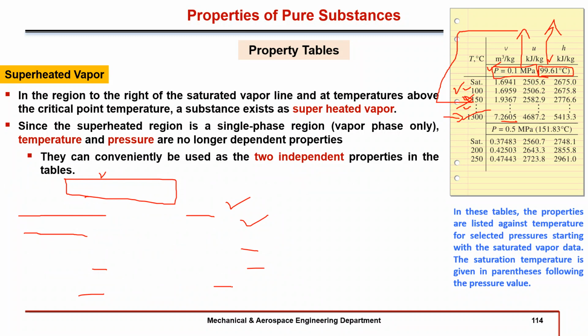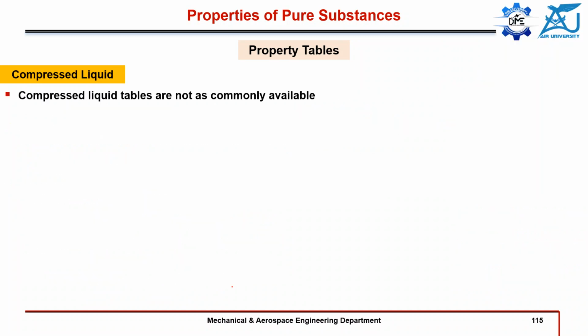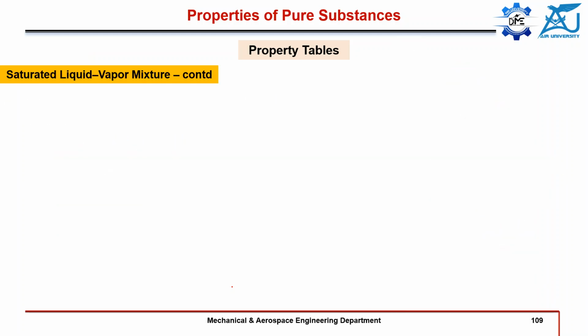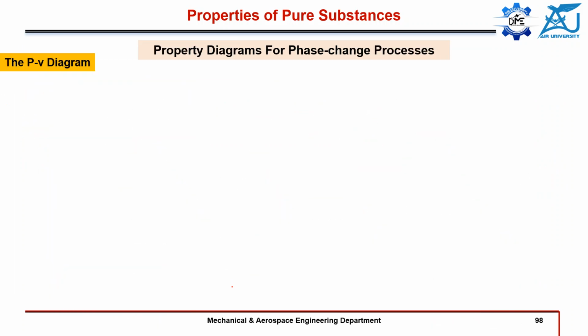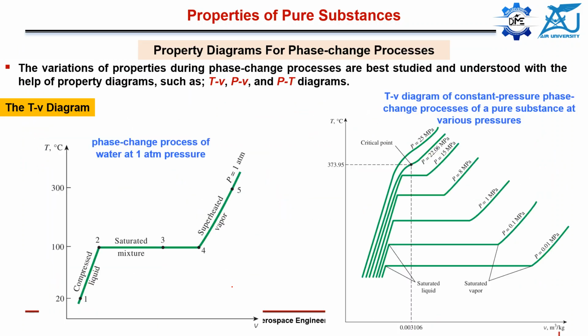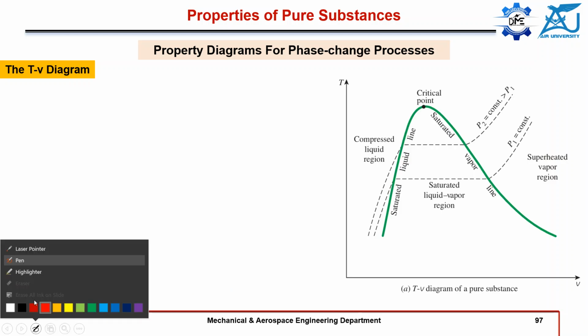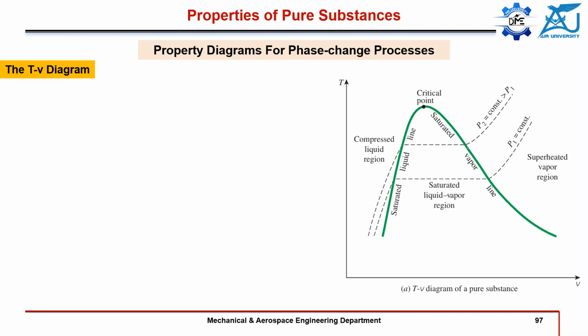Okay, so let me draw this again. I will have to explain it using the diagram. If you look here, for a given saturation temperature I'm talking about, the pressure is P2, right?